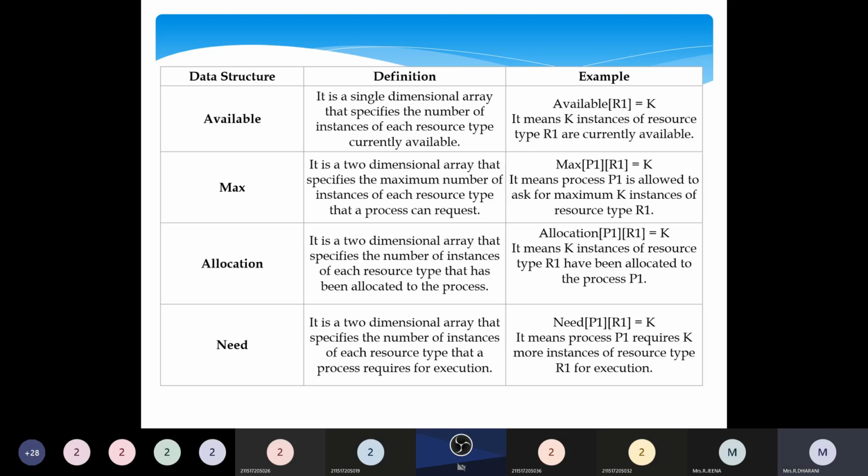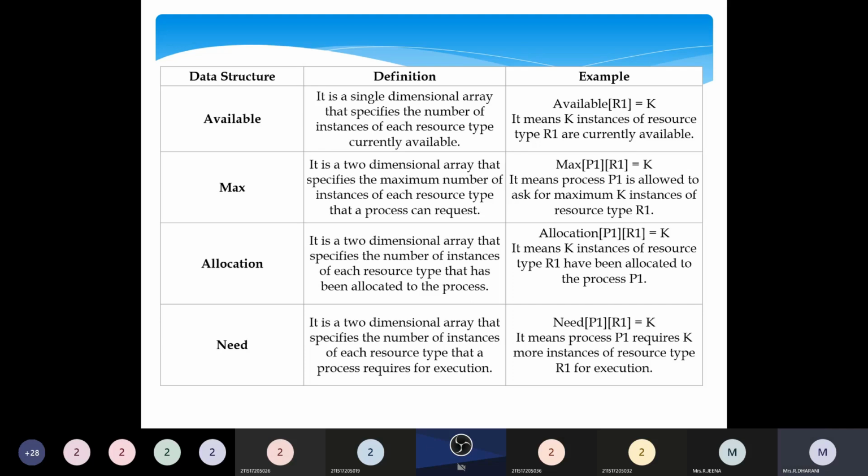The second data structure, max. It is a 2-dimensional array that specifies the maximum number of instances of each resource type that a process can request. So every process may demand resources.